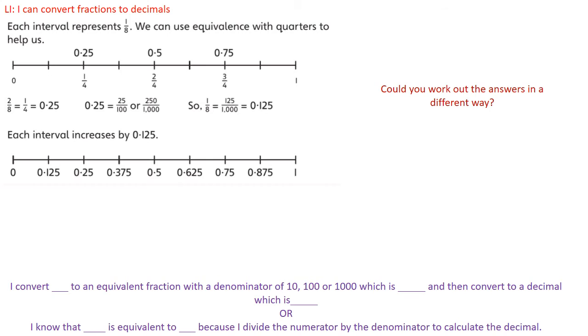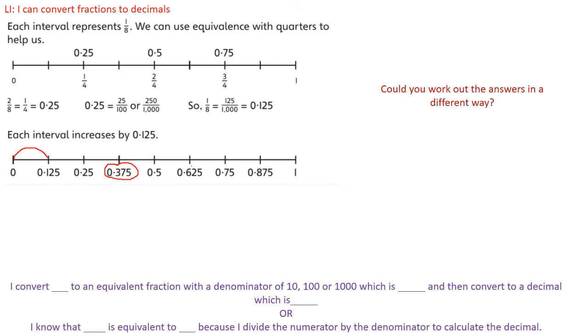We also worked out, to work out the last question, that each jump goes up in 0.125. So because of that, we can then find out all the others. This was our 3/8 equivalent, wasn't it? So we can find out this one by adding 0.125 to 0.5. And then we can do the same with this one.